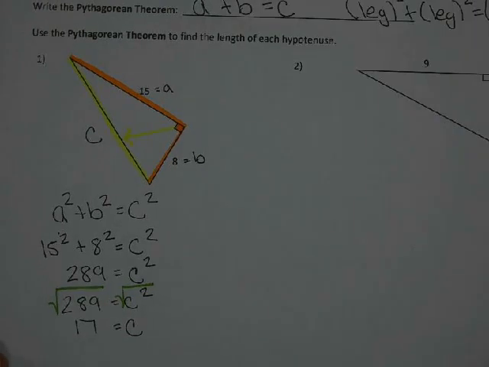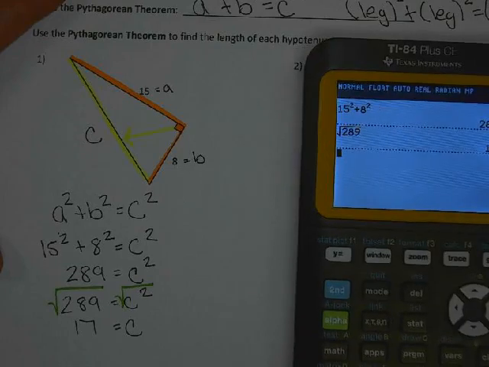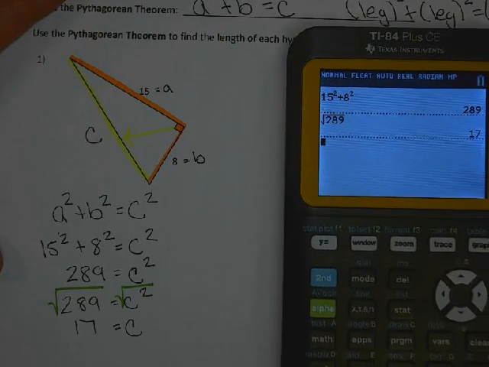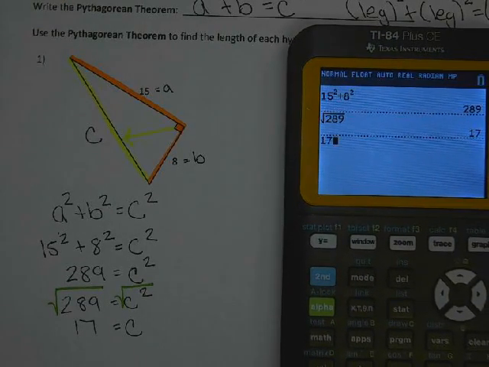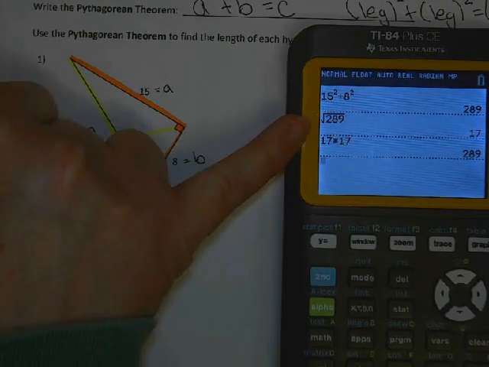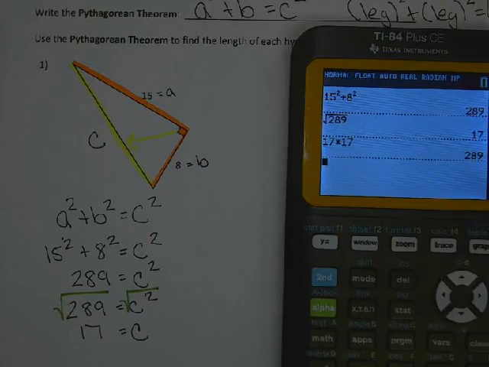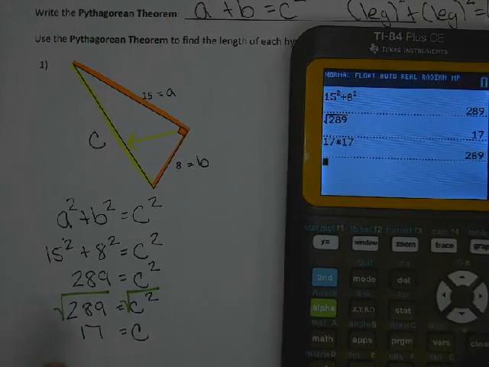Okay, what is 17 times 17? 289. So when we take the square root of 289, we're wondering what number times itself is going to give us 289. So, 17.